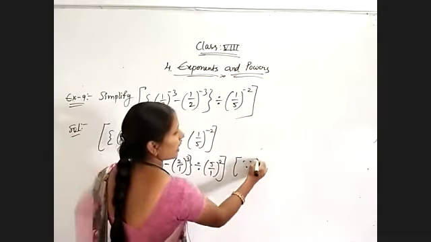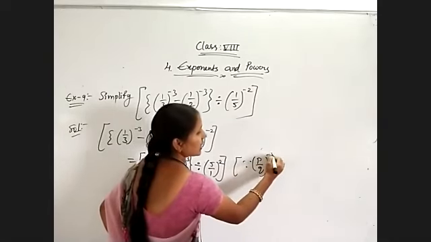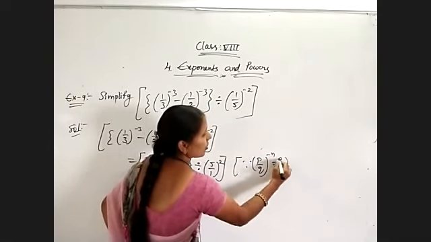Since we have the formula P by Q whole power minus n is equal to Q by P whole to the power of plus n.